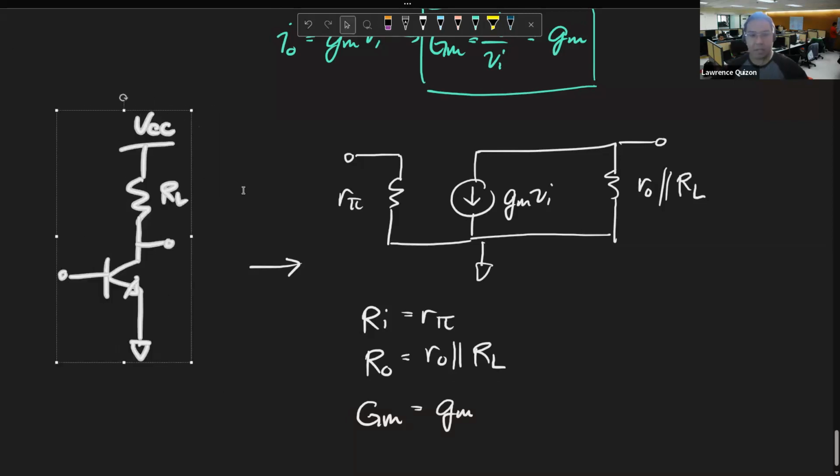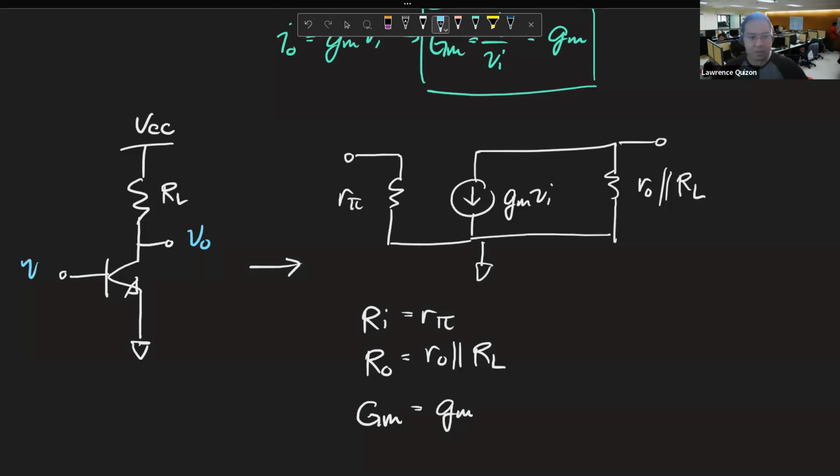Because from the perspective of the output, since this is V out and this is V in, any voltage you add here, for example if you raise this voltage, the current increases that way and that way.